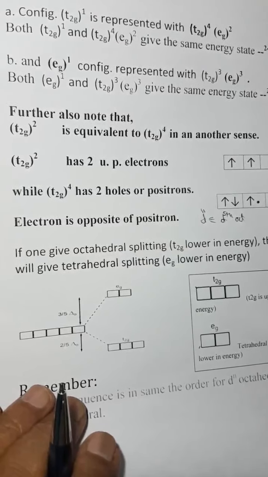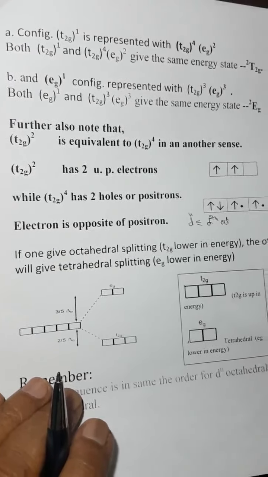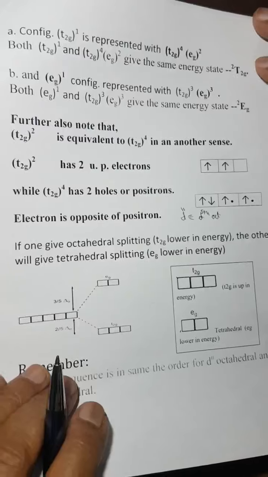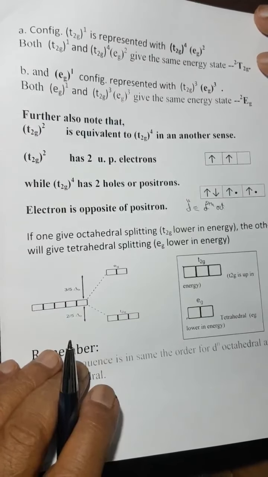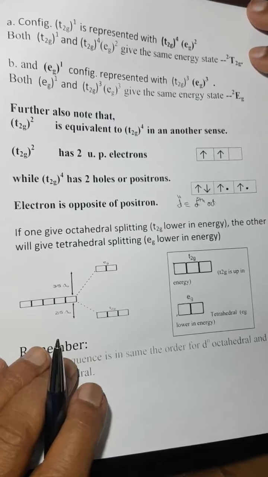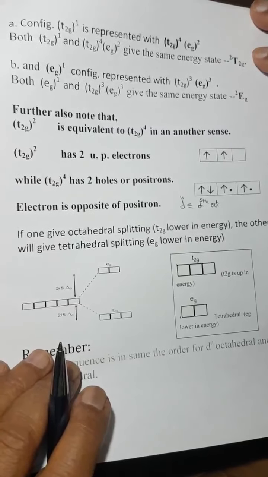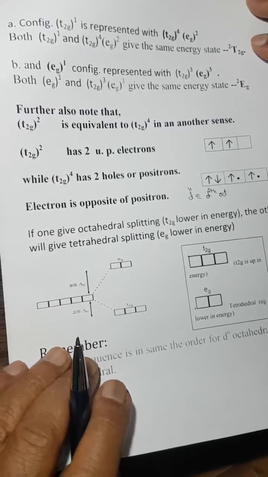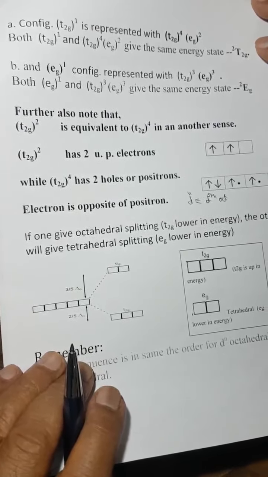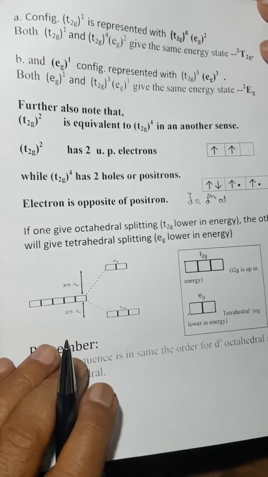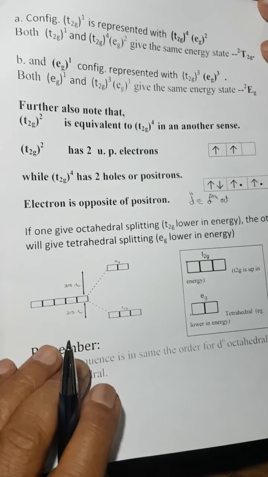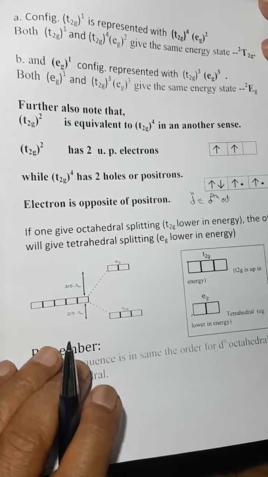I just explained that the Dn octahedral term diagram can be used for the d(5+n) octahedral.